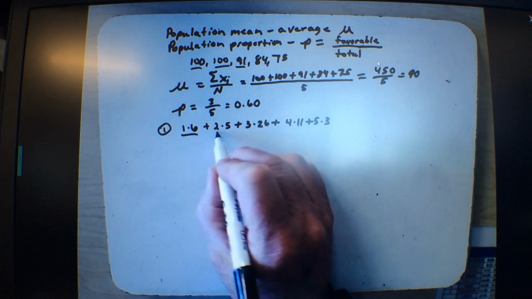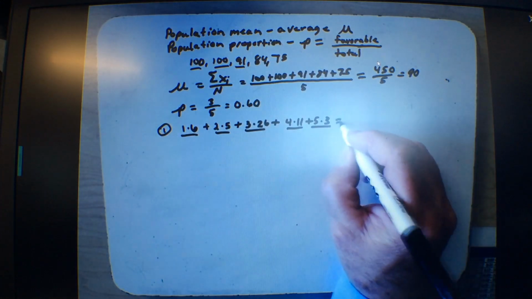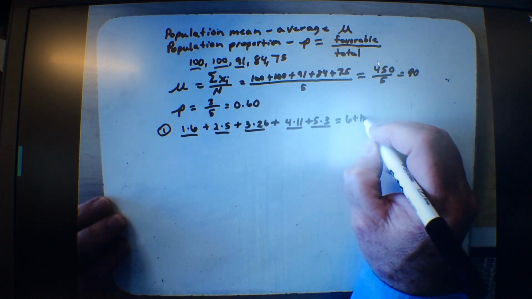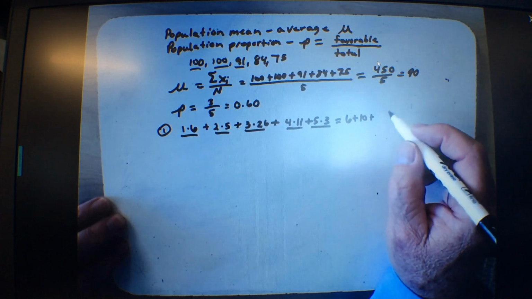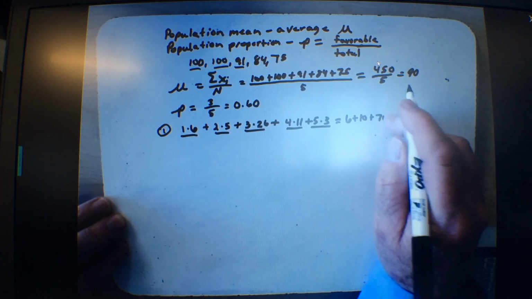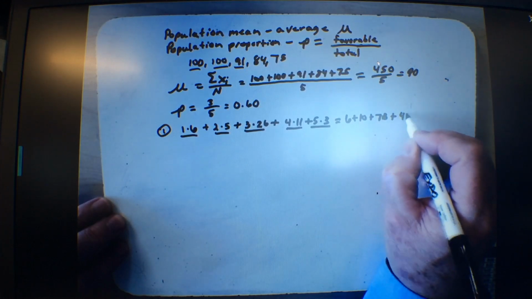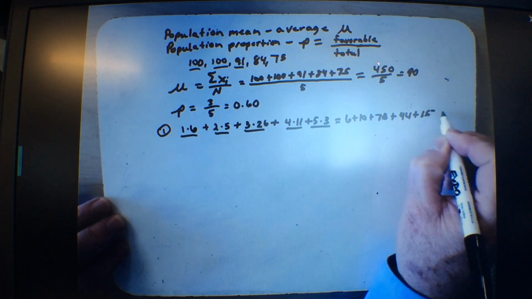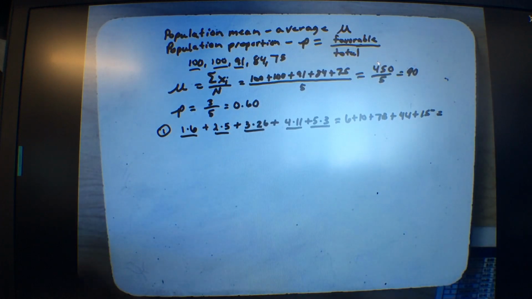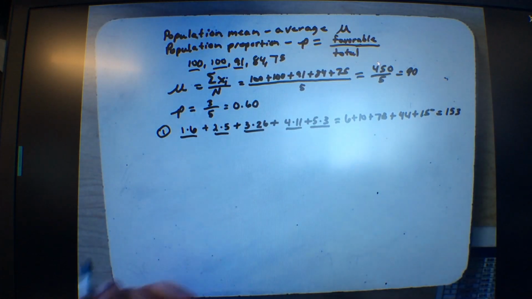So we have 6 plus 10 plus, what's 3 times 26? 78, thank you. Plus 44 plus 15. Would you add those up for me, please? 153. So that's our total, right?